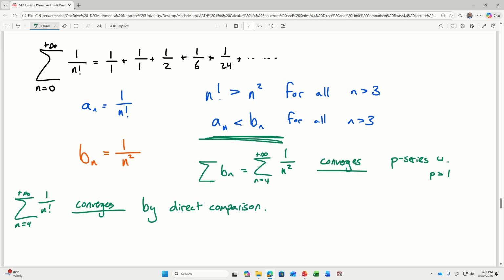So this time we didn't need the limit comparison test because we found a series to compare it to directly. Should you always try the direct comparison test first, and then if that doesn't work, divide them? Yeah.